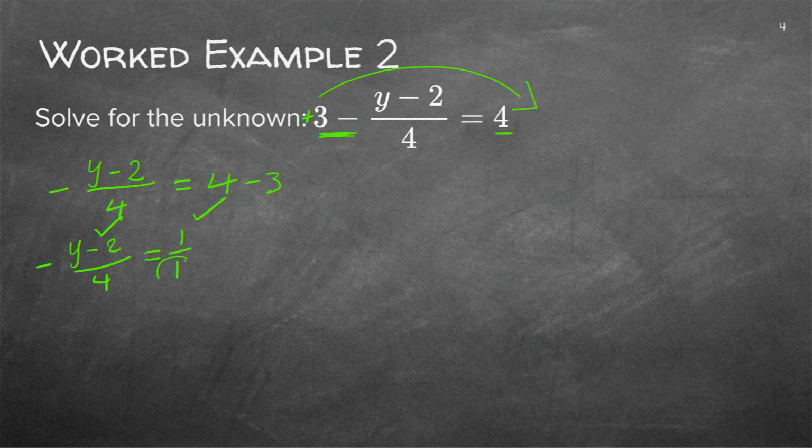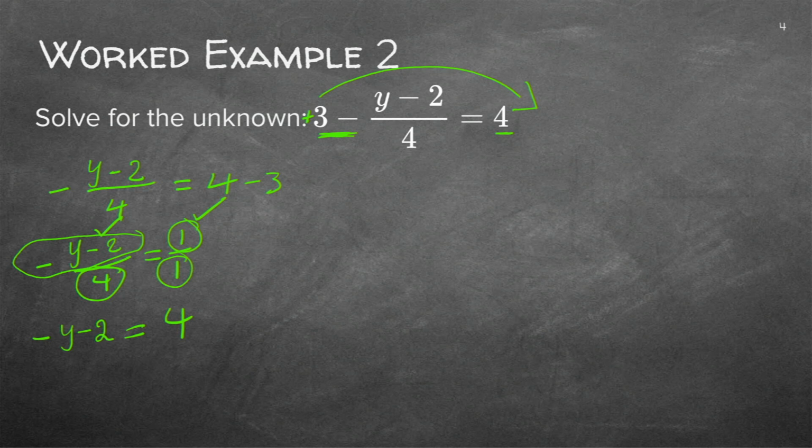I multiply 1 by what you see on top there. So 1 multiplied by negative y minus 2 is still that same value. So you're going to find yourself with negative y minus 2 equals, now you cross multiply again, 4 times 1, you find yourself with 4.